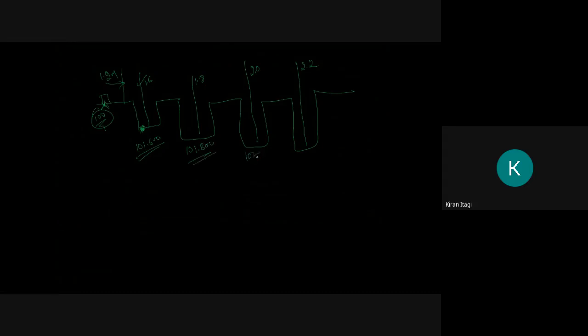Here it is 102. Here it is 102.2. So this is how we will determine the RL. We can calculate the RL at the respective point with the help of the staff reading. Or we can determine the staff reading or depth by subtracting any two RLs.